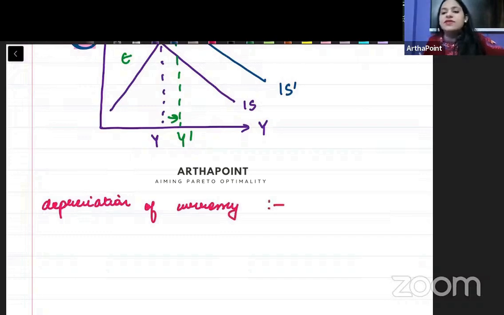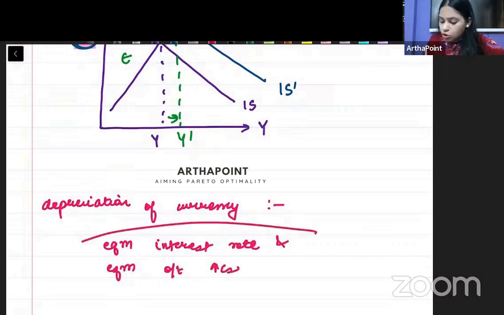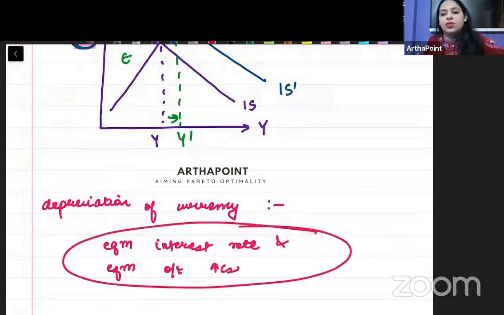You can say that the equilibrium interest rate and equilibrium level of output increase. Both will increase, whether it is equilibrium interest rate or output.